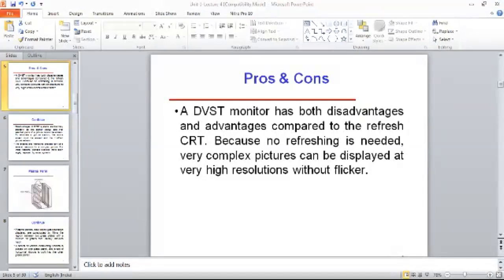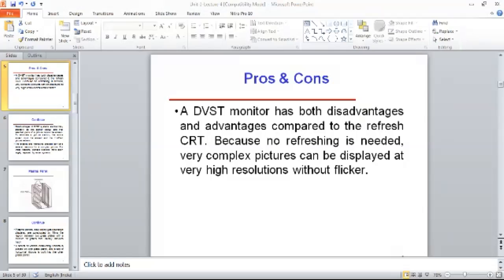So the direct view storage tube also has both advantages as well as disadvantages. If we compare with the CRT, then we can say that it has more advantages as compared to the CRT.